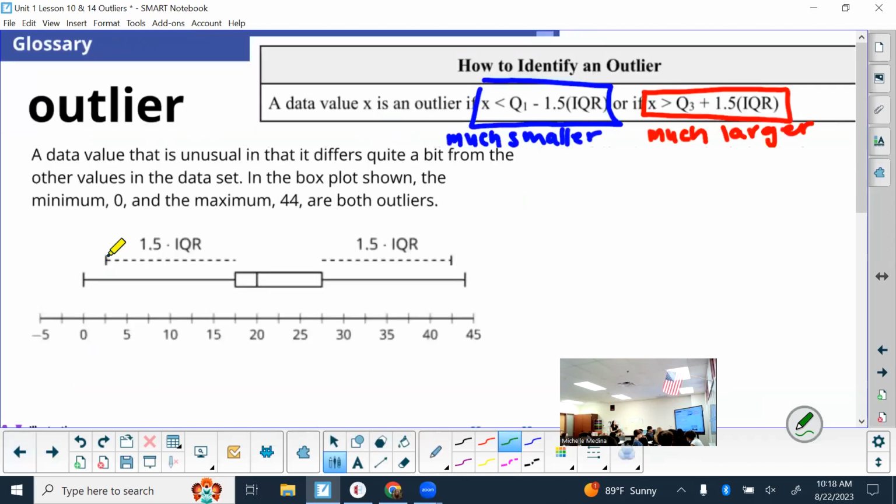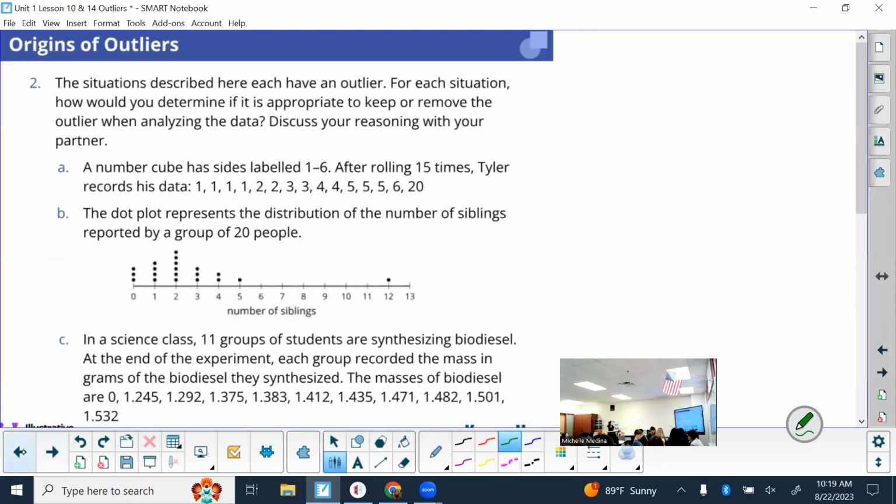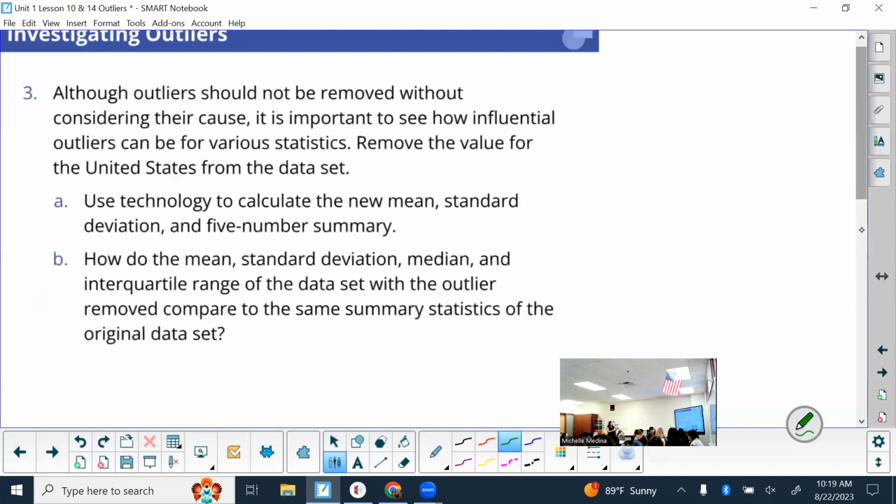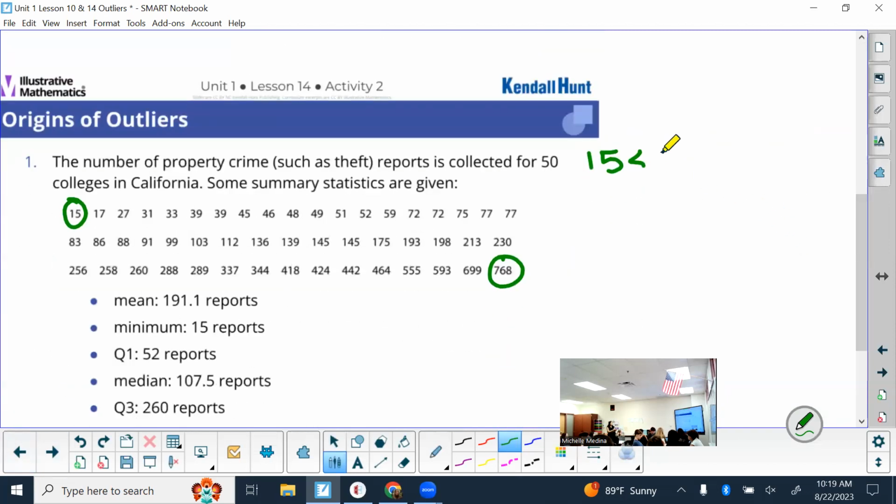If I'm testing a number that's more to the right on the number line, which one of these do I use? Yes, the one that is for data that is much smaller than the rest of the data, because we're comparing it to the Q1. That makes sense? So Q1 minus 1.5 times the IQR. So if it is, then yeah, that would be an outlier.